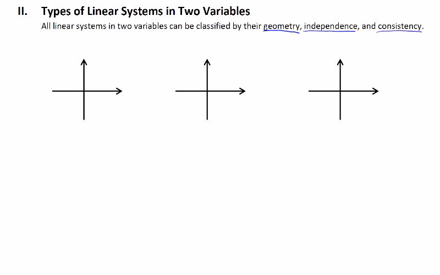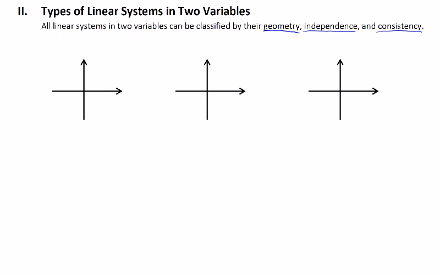Let's start with the geometric approach, and let's think about how we could take two lines and have them be situated in the same Cartesian coordinate plane. And it helps to think about having maybe two pencils laying on your desk, and you want to try to arrange them in different ways on the same plane. Would there be a pattern to this?